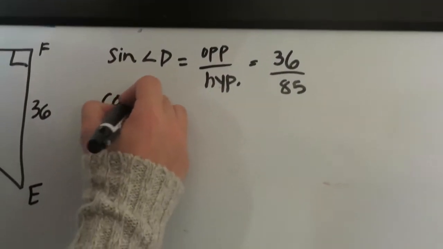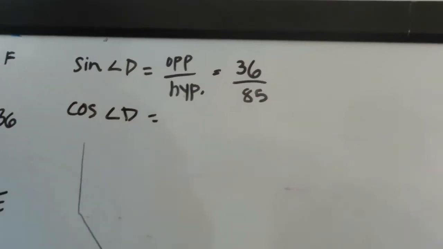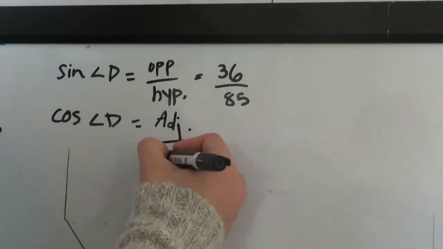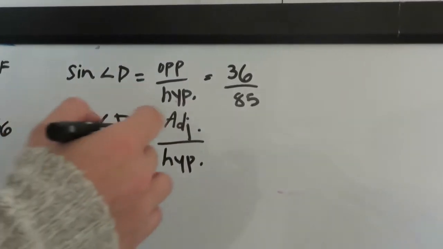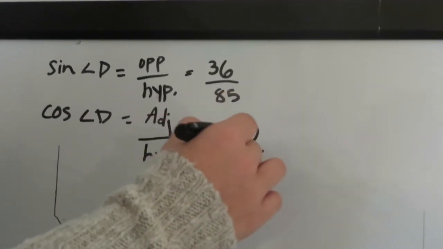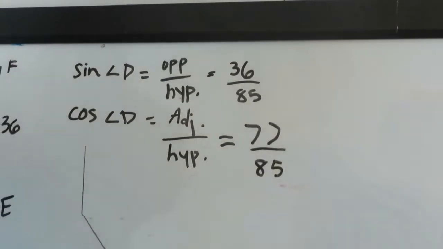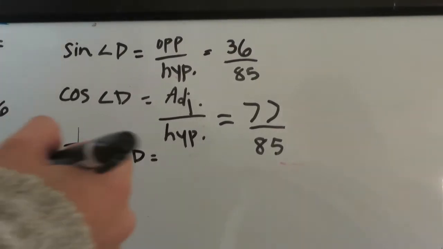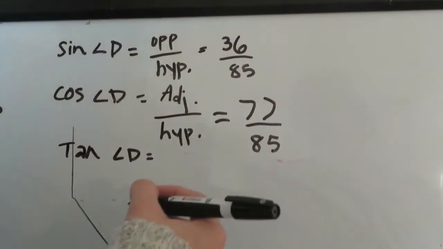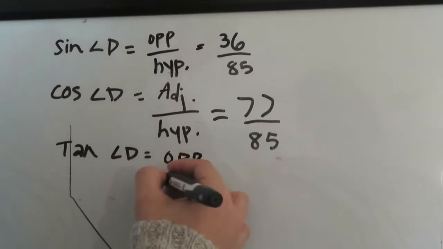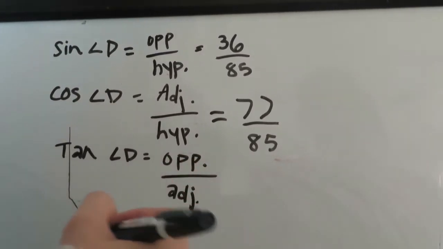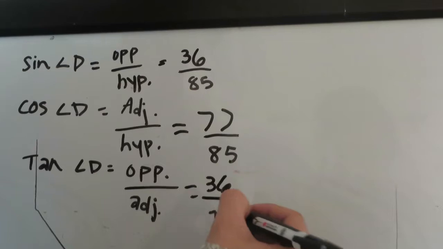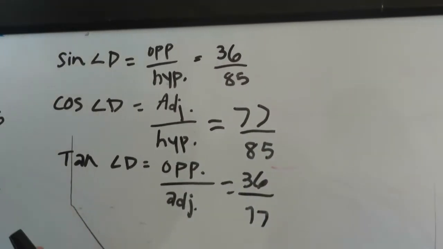The cosine of angle D is going to be adjacent over hypotenuse, and that's going to be 77 over 85. The tangent of angle D is going to be opposite over adjacent, which is 36 over 77. So those are all for angle D.